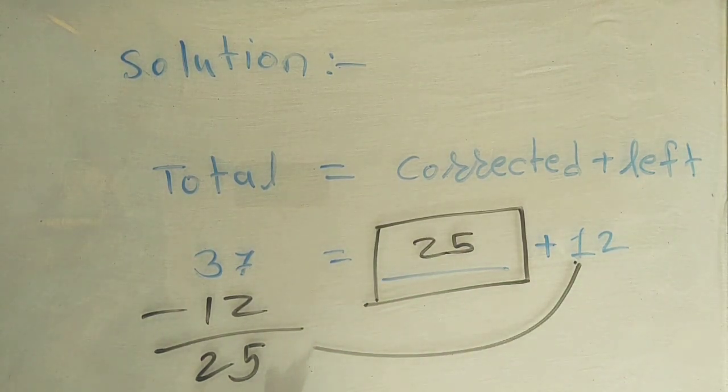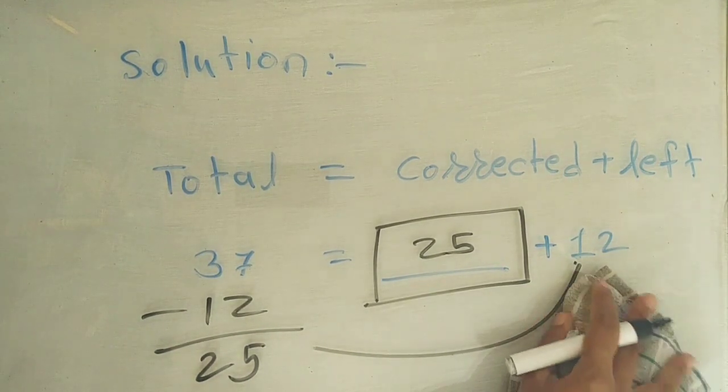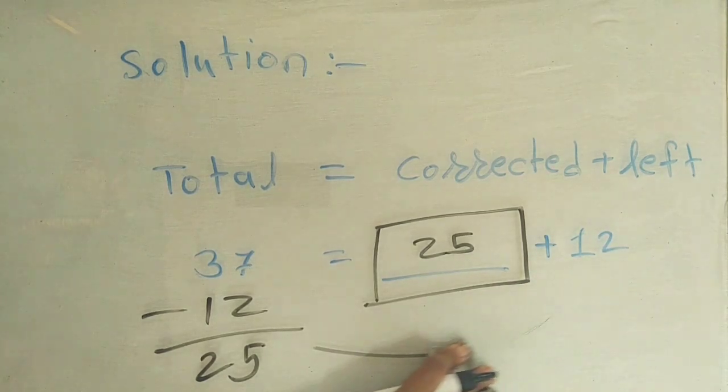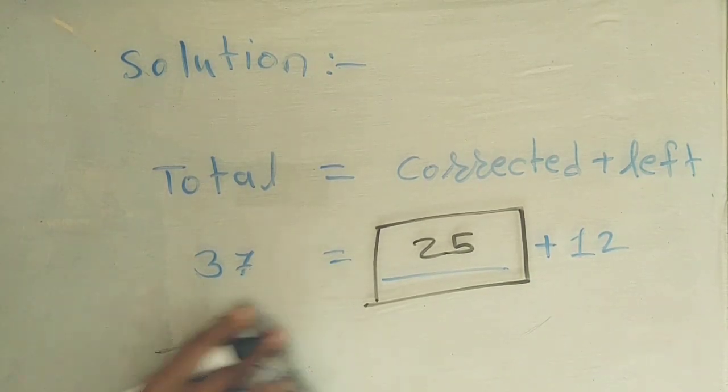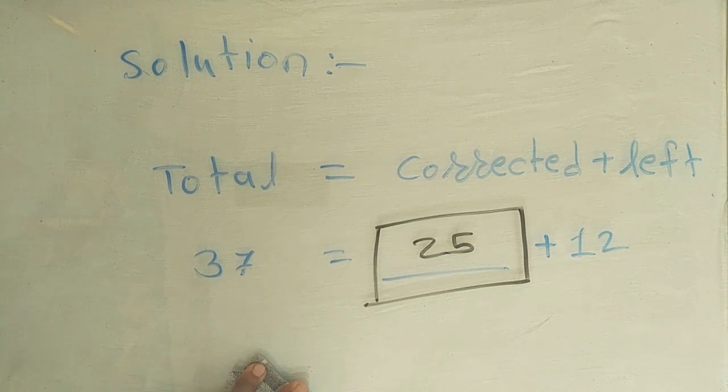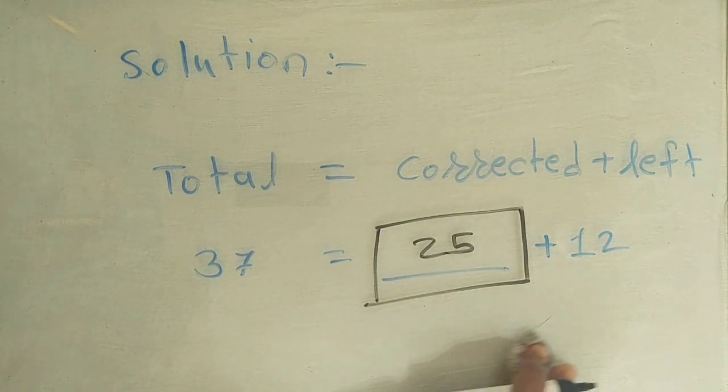Now statement, what statement will come? Read the last line carefully. What is that? I am erasing this. Okay, so in the last line what is there? The last line says how many notebooks has she corrected so far.